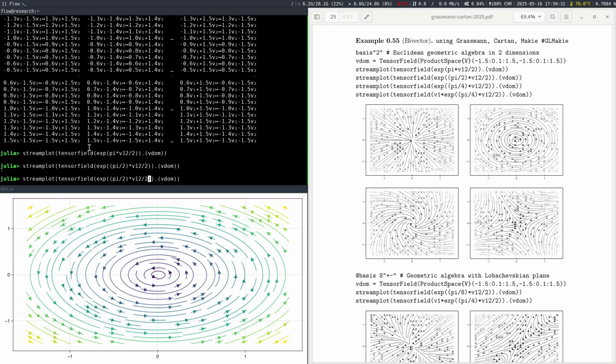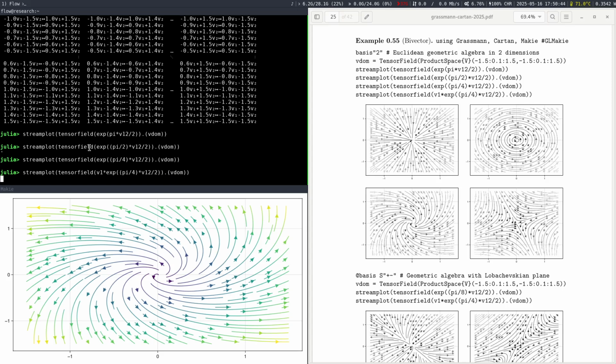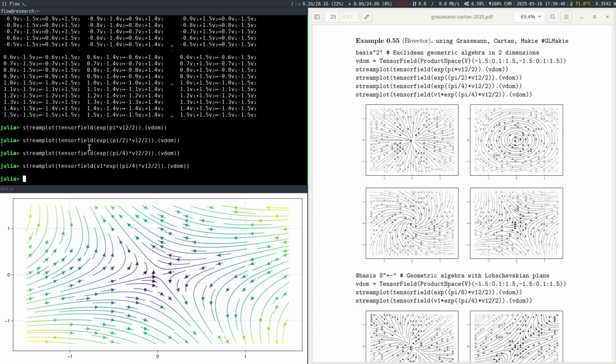So now that's the circular one. And we can change the angle now using that. Pi over 4, okay? And we can add a reflection to it. So those are just some of the standardized examples that I've discussed for a while, but you can deal with them in TensorField formalism now.